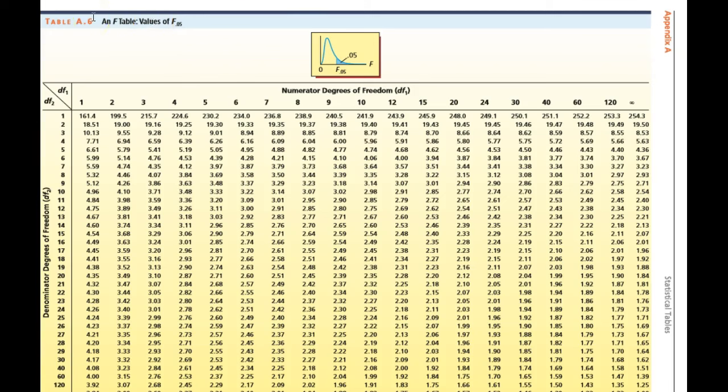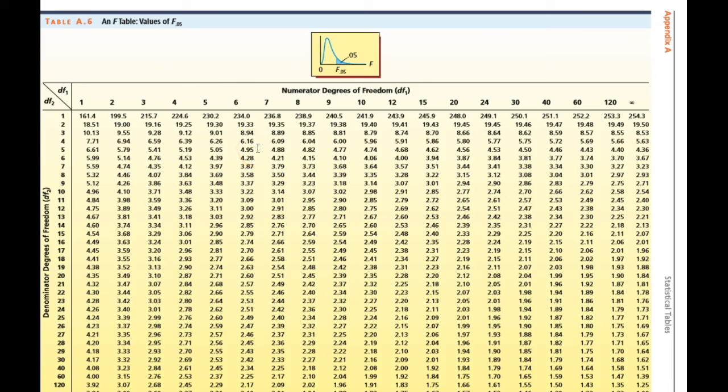Okay, and so then we have degrees of freedom 1, which is the numerator. We're going to come across the top. So that's 6. And degrees of freedom 2 was 5. So we go down here. Oh, there we go.